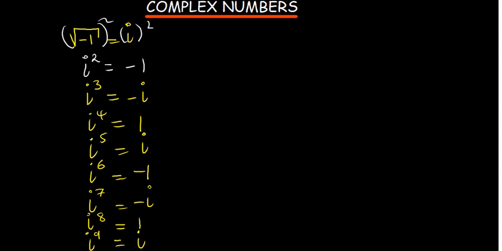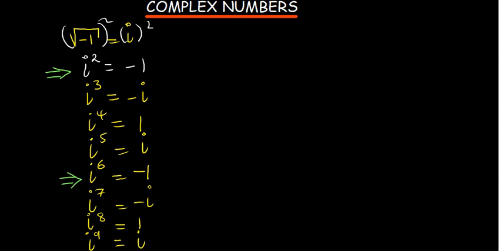Now we want to derive a general expression. So we can see this is negative 1. I'm going to look at those which have given us negative 1. So we have got i to the power 2. We have got i to the power 6. Now what do you think?